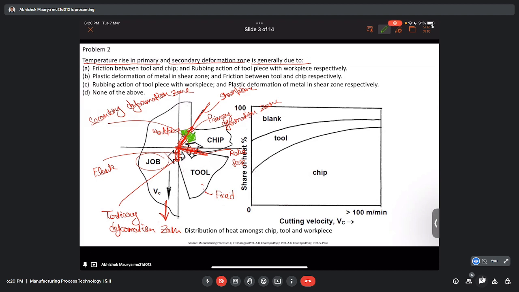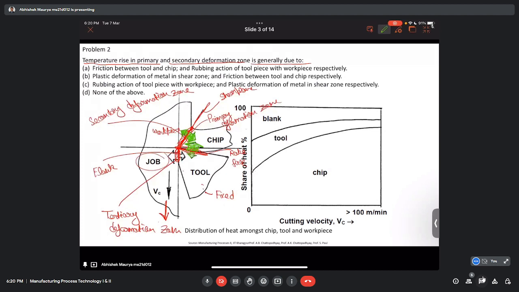Similarly, if we see the distribution of heat in the secondary deformation zone, the bigger arrow is pointing towards the chip and the smaller arrow is towards the tool. So in the secondary deformation zone also, the majority of heat is taken away by chips, and only a minor portion of heat gets transferred to the tool.